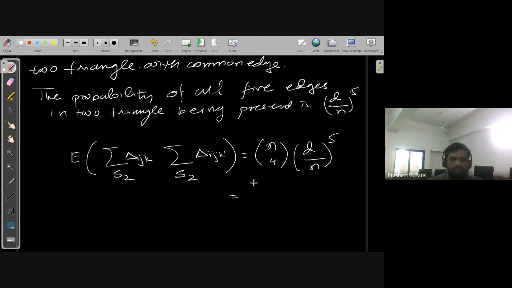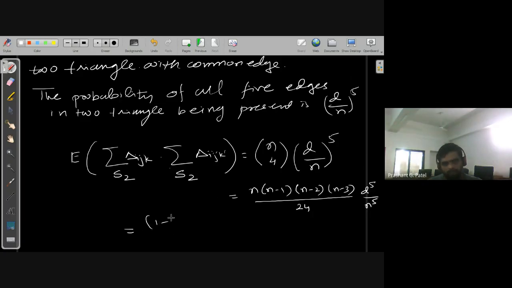But NC4, we have, it is n into n minus 1 into n minus 2 into n minus 3 upon 4 factorial. What is 4 factorial? 24, d raised to 5 by n raised to 5. So this I can say is written as 1 minus 1 by n, 1 minus 2 by n, 1 minus 3 by n upon 24 into d raised to 5.